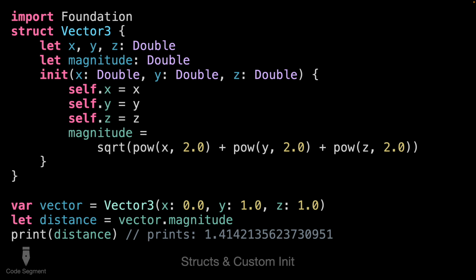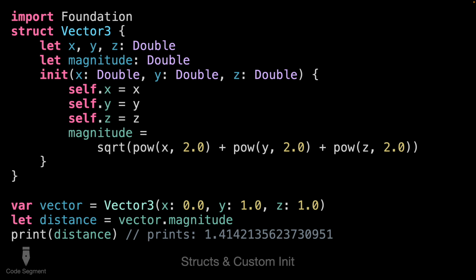So here, if you were to just say x equals x, as if you were trying to use the stored property x on the left-hand side and the passed-in parameter x on the right-hand side, you'd get a compiler error because it would be trying to use the passed-in parameter x for both sides. It would try to assign it to itself, but as we recall from our functions talk, passed-in parameters are constants.